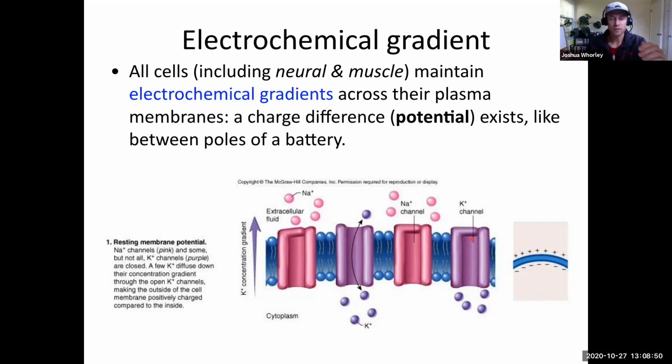Now, there are only three really different stimuli that can cause channels like these to open. The one we're going to be talking about, when we think about the propagation of a signal along a neuron or along a muscle cell, are those that are affected by voltage change, right?